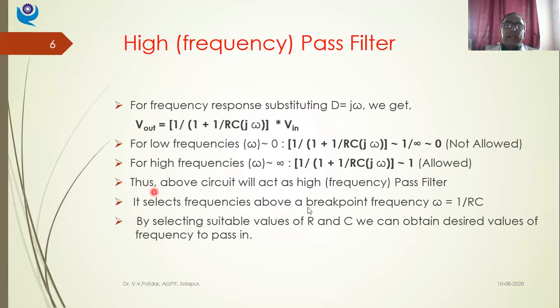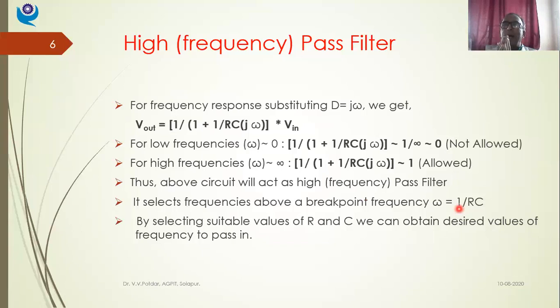It selects the frequencies above a breakpoint value omega is equal to 1 by RC. Here also, like low pass filter, I can design the RC high pass filter in such a way that it will allow frequencies above omega equal to 1 upon RC. I can select resistors and capacitances having known ohmic value and known farad value, which will give me the frequency value.